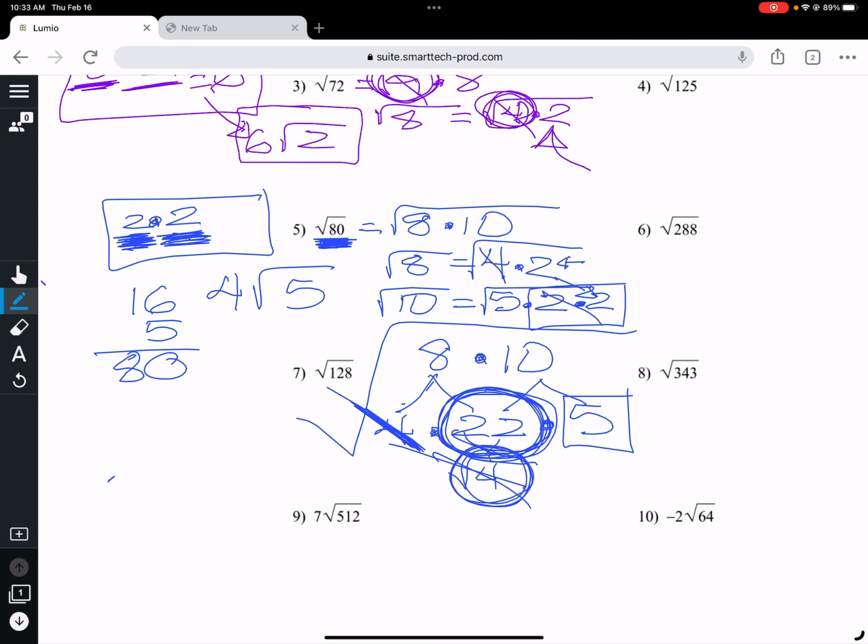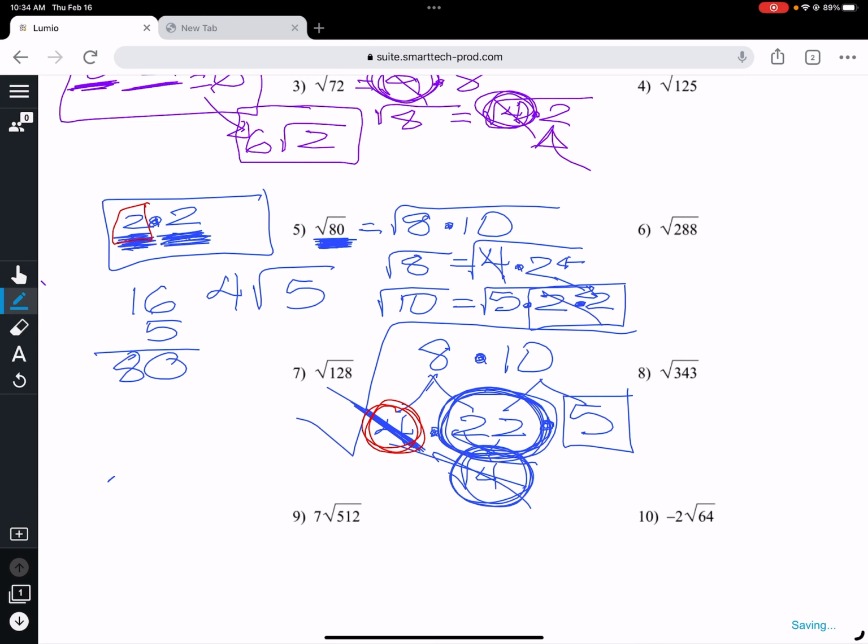Questions before we move on? I'll wait a second for you to look at it and take it in. So I broke down my 8 and I got 2 and 4 inside the house. And then the 2, 4, and 2, 10. The 4 comes out as a 2. So this one gets removed, and it becomes this 2.